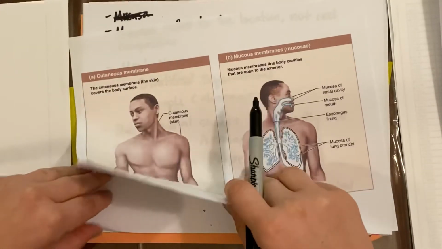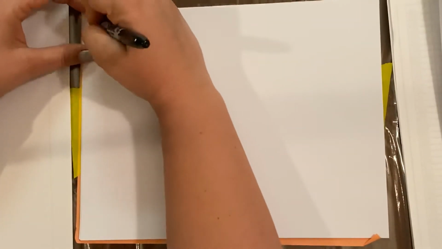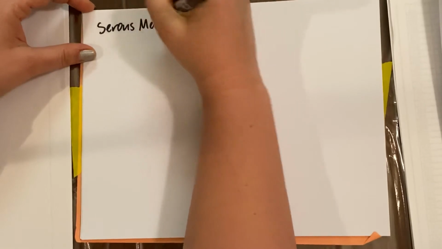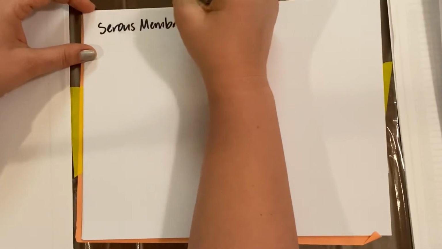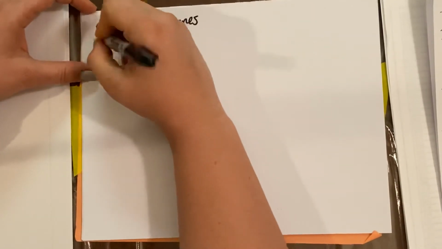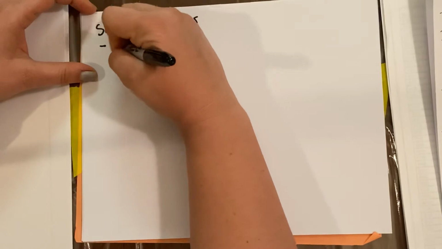The last group of membranes that we're going to talk about are going to be the serous membranes. Okay, and these are the ones that we've actually already talked about a little bit. Okay, so these can also be called kind of the serosa.